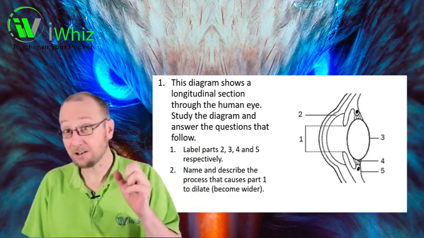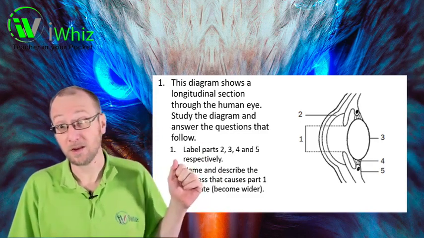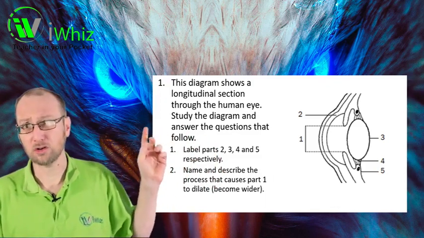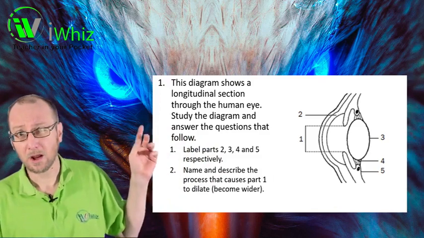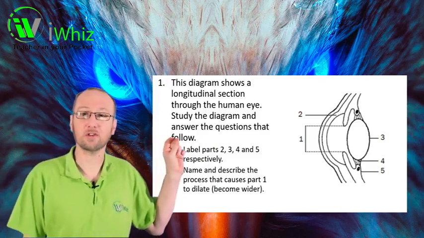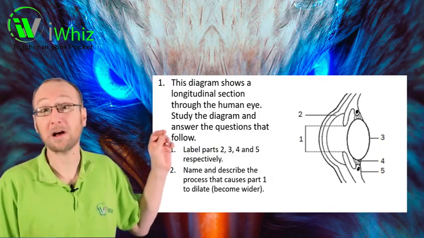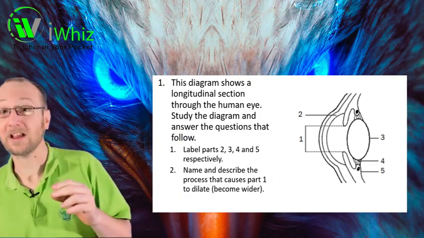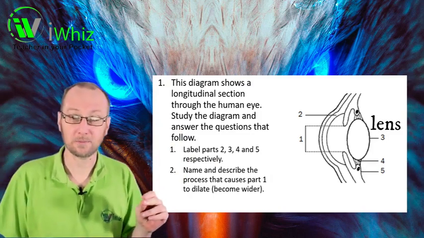Now we had a diagram in our last session, so let's see. Can you figure out what part 2 is? Okay, hopefully you said this was the cornea. What about part number 3? Right, that was the lens.